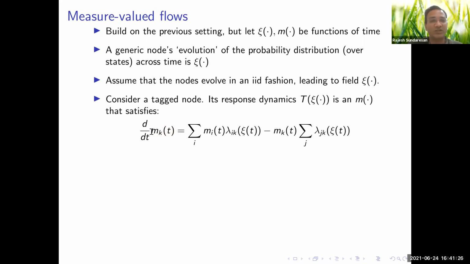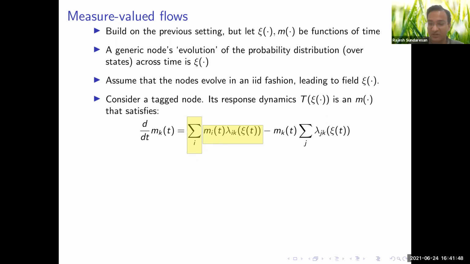Let's examine what that is. So that depends on mi of t, the current probabilities of being in the other states, and then transitions from that state into k. So this would be the inflow rate, this first term. And the second term is the outflow rate. And the rate at which mk of t changes, dmk by dt, is the inflow rate minus the outflow rate.